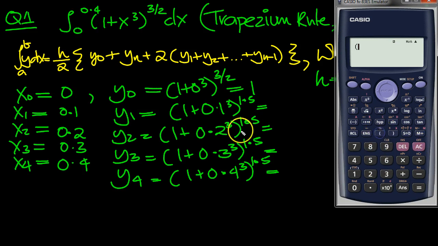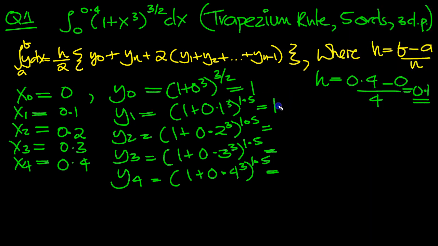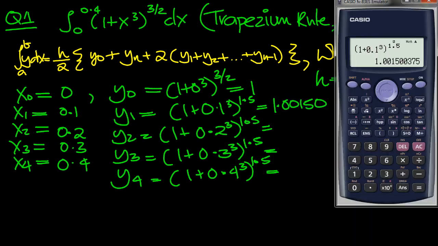So it's brackets 1 plus 0.1 cubed, 1 plus 0.1 power 3, close bracket, power, and it was power 3 over 2, which is 1.5. That's what we've got then. So we get 1.00150.